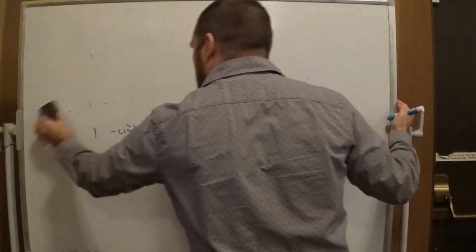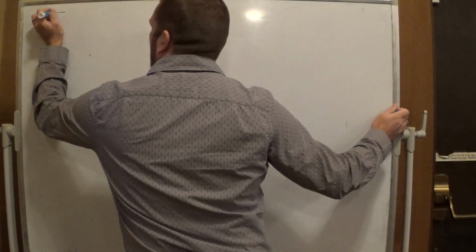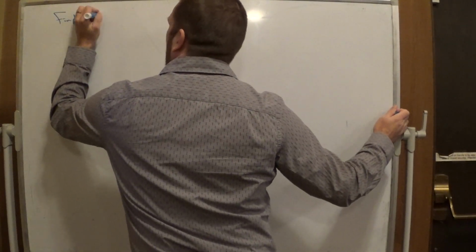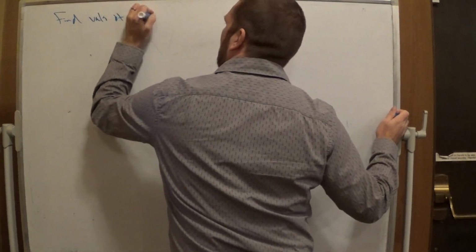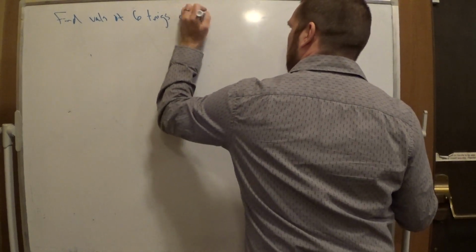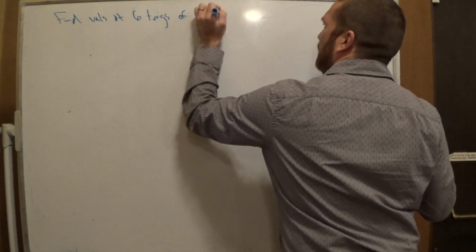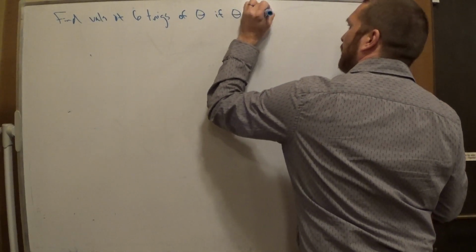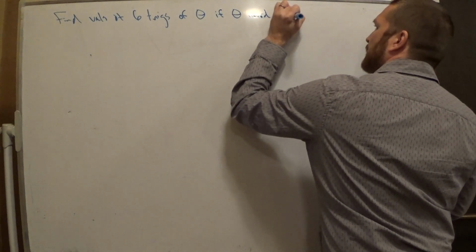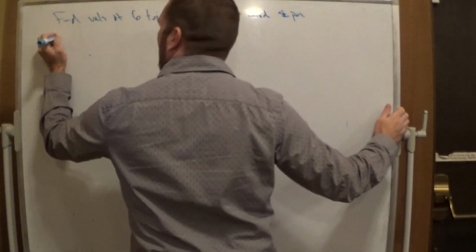Okay, so now let's do this. You're going to have one like this, where I say, find the values of the 6 trigonometric functions. Find the values of the 6 trigs of theta if theta is measured from standard position and the point.